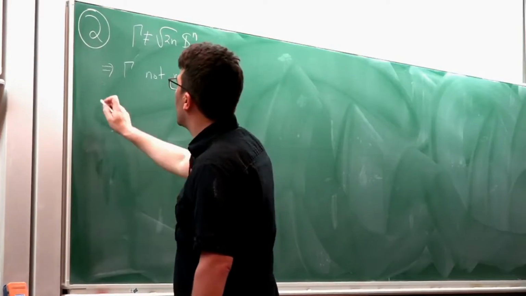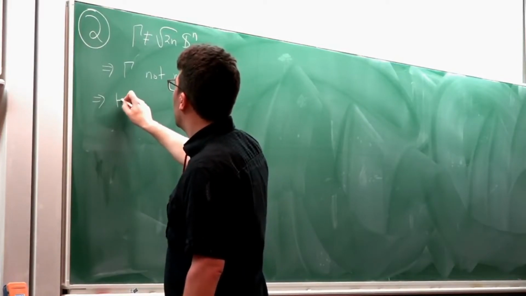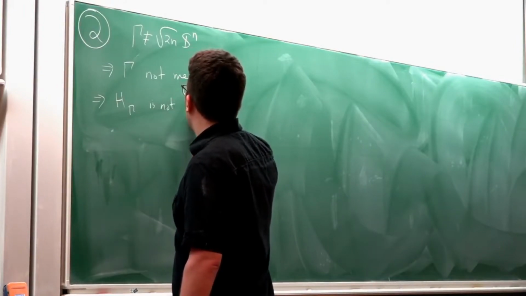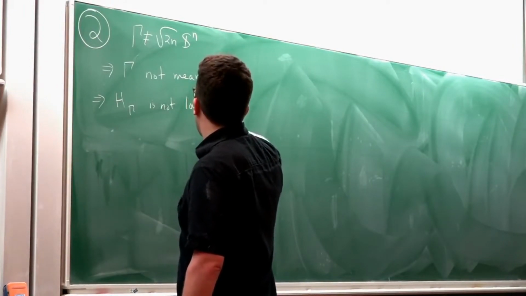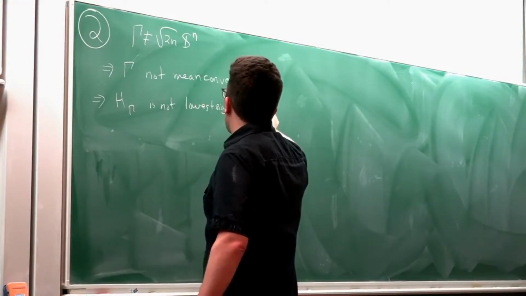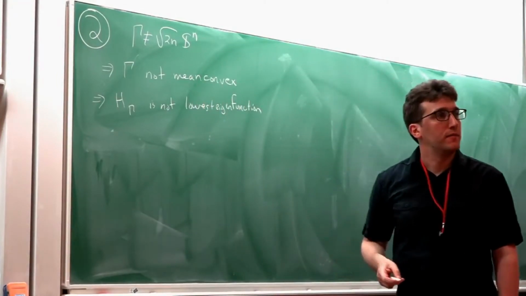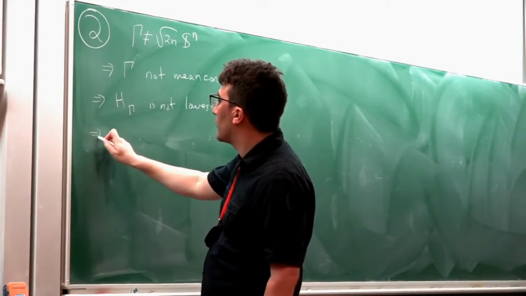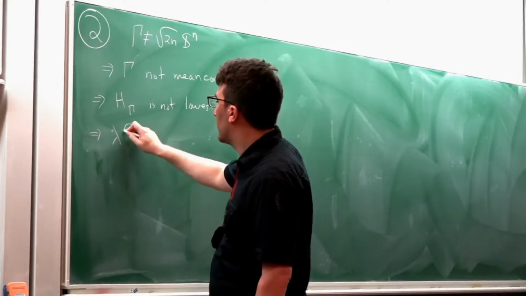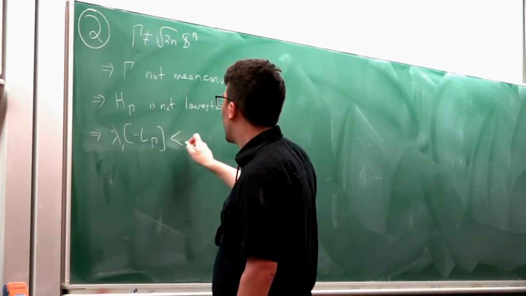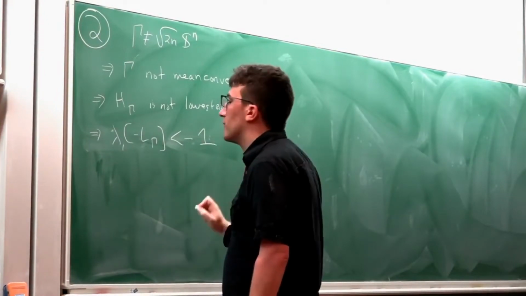Right, which in particular implies that H gamma is not the lowest eigenfunction, because if it was the lowest eigenfunction, it would have to have a sign. So in other words, if you look at the lowest eigenvalue lambda 1 of minus the linearized operator, that's actually less than minus 1.